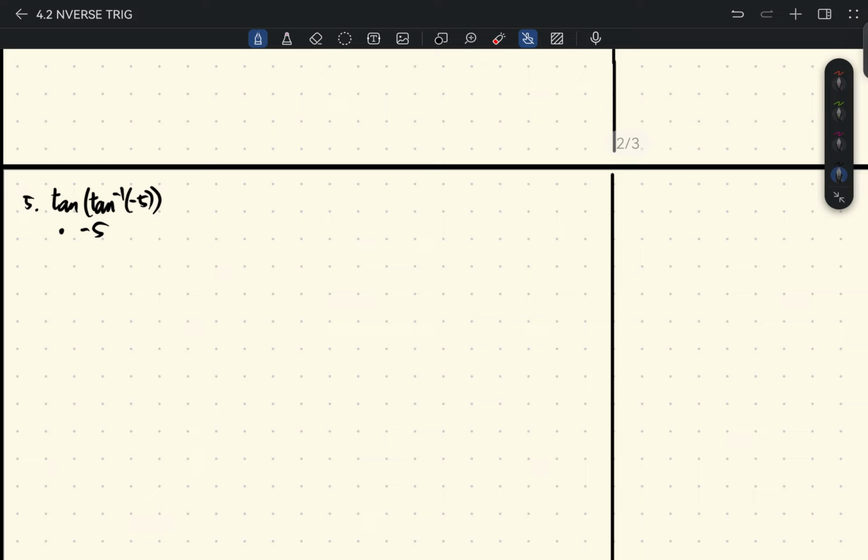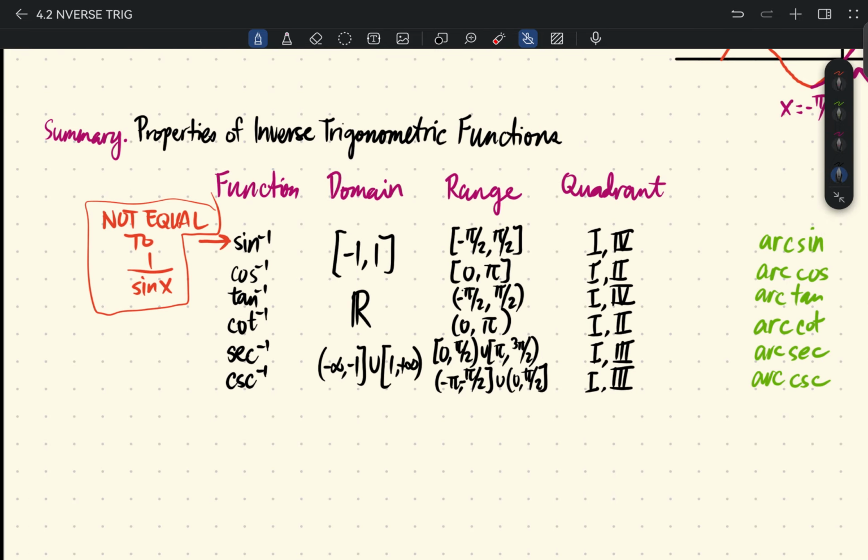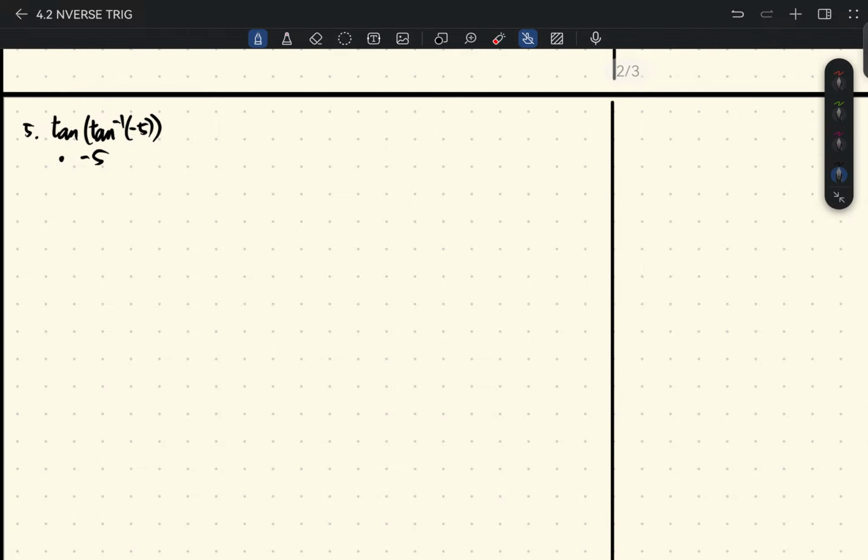So is negative 5 inside the domain of tangent inverse? Recall that the domain of tangent inverse is the set of all real numbers. And clearly, negative 5 is a real number. So negative 5 is in the domain of tangent inverse.